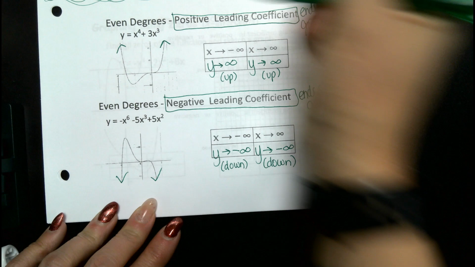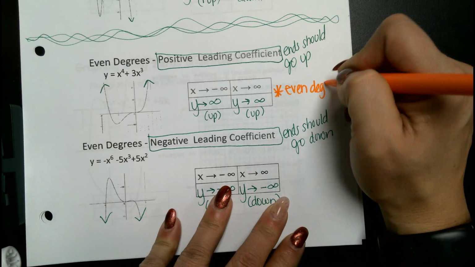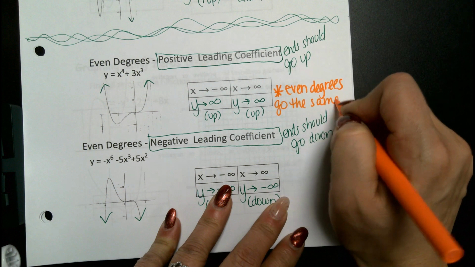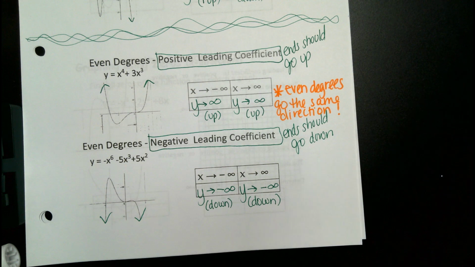And then I'm going to make the note in the middle here, just like I did up top: the evens go same direction. And then whenever you're ready, go to the next page.